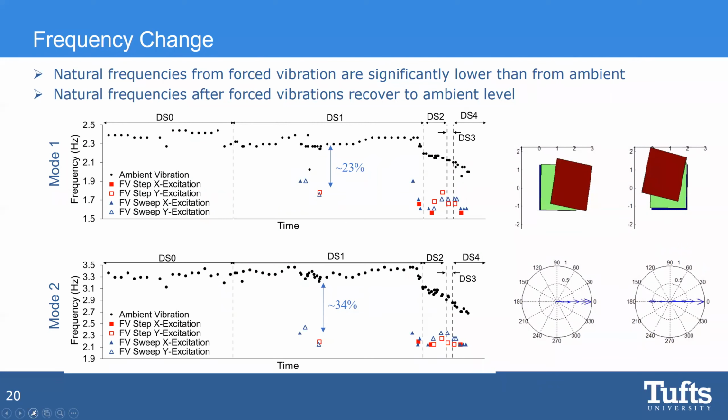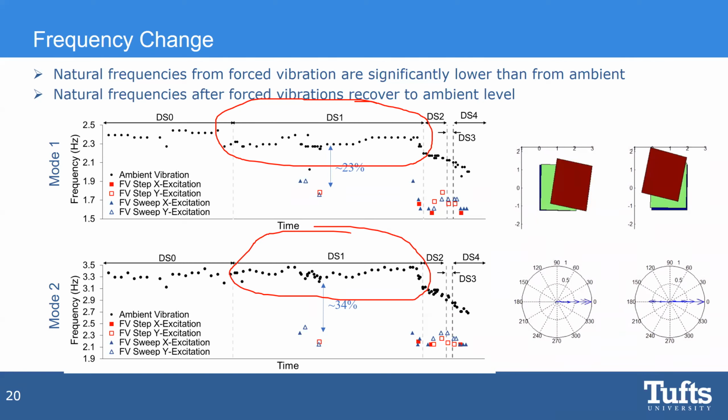So these are called damage state. Let's focus on just one damage state. I haven't damaged anything in DS1. DS1 is pretty much the initial condition. It's a little different from DS0, but let's say DS1 is undamaged. The black dots are ambient vibration, natural frequency.